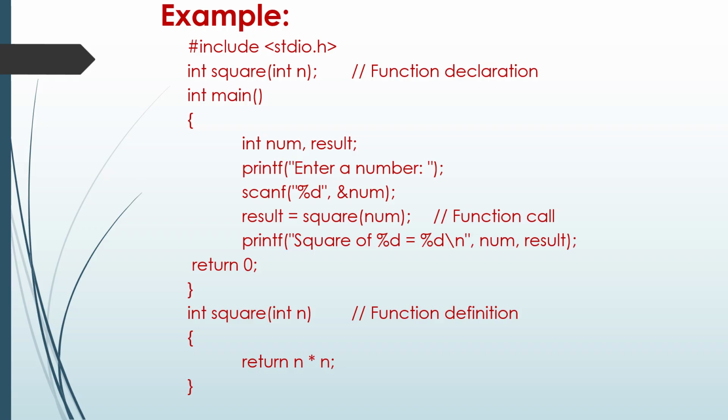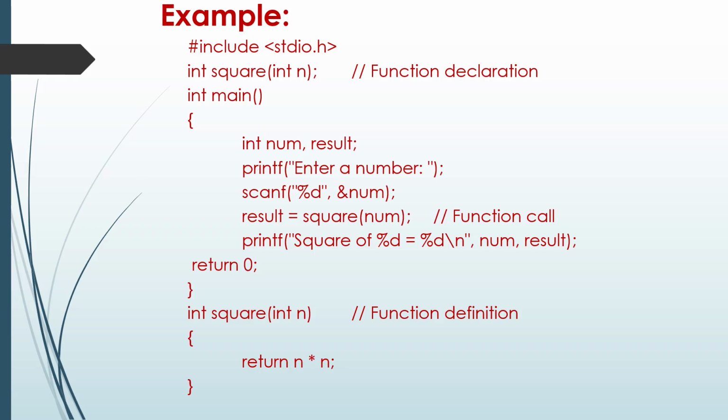When we call this function, it tells the compiler to check. Before the main function we declare our function, so it tells the compiler to look for this function within our program. So when we call this function, the compiler checks the program and passes control to the function. Then we enter the function and execute the statements within it.